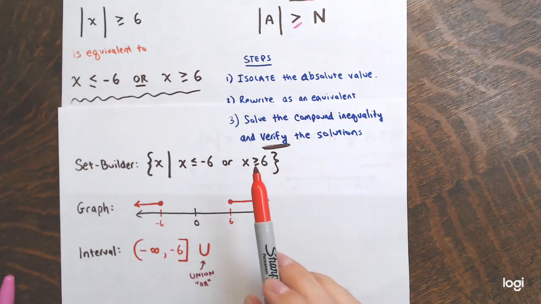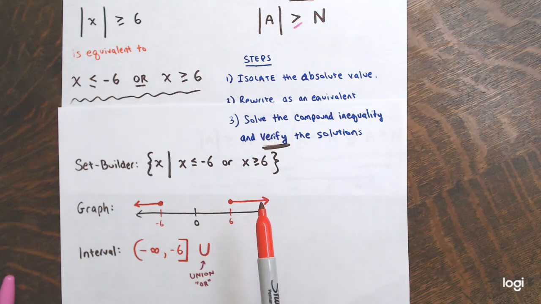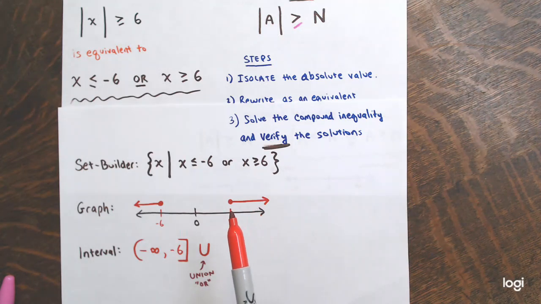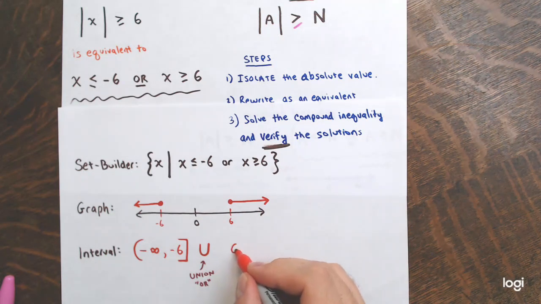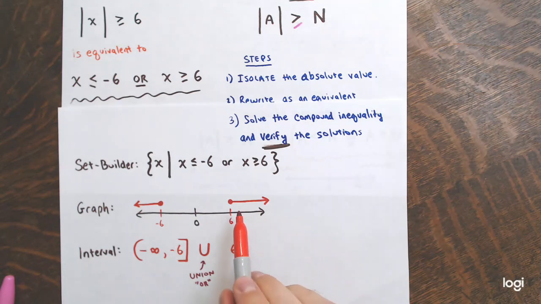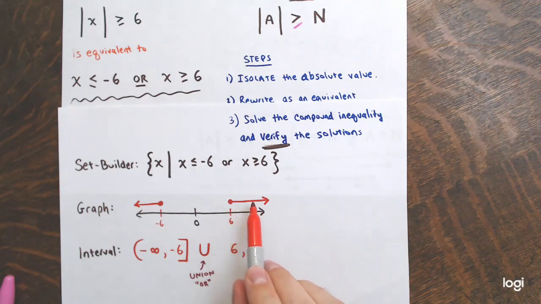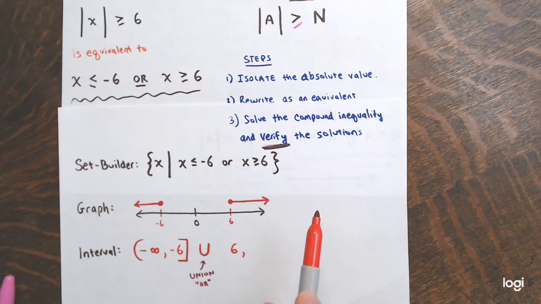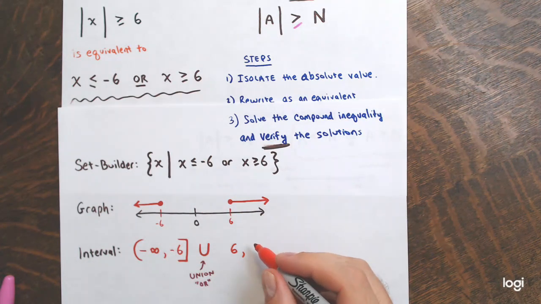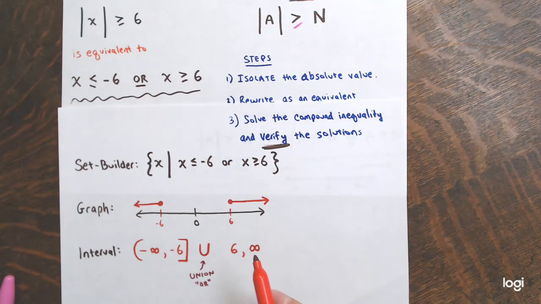So let's look at this other piece, this other inequality, x is greater than or equal to 6, these numbers. The left end of that piece begins at 6. So 6 and then comma, and then go from 6 onward. And is there a right end? No, this is going to the right forever. So to indicate that there's no right end, put positive infinity, or just the infinity symbol. It's like a sideways 8.